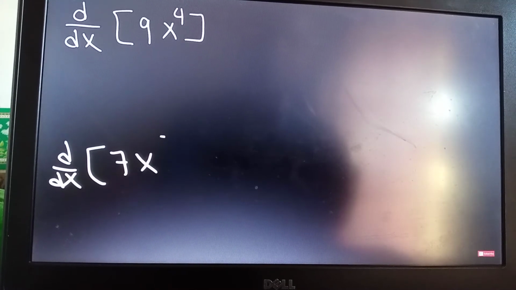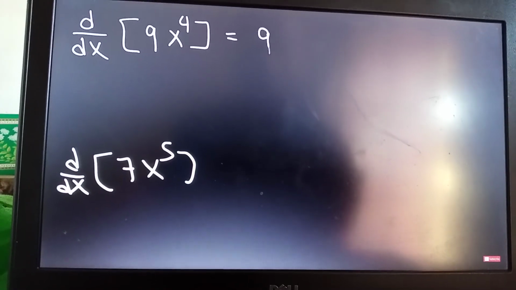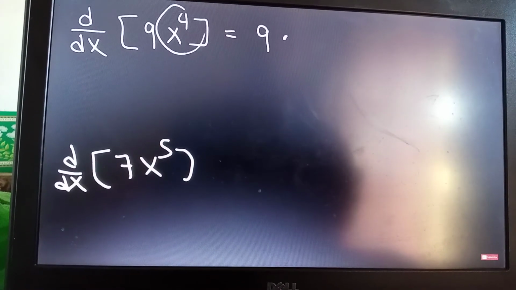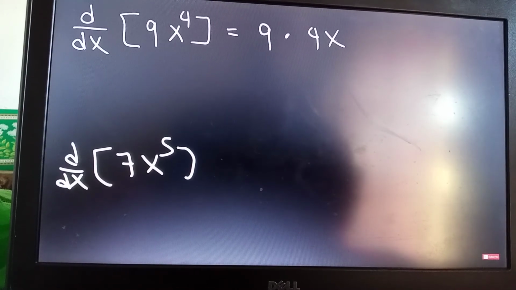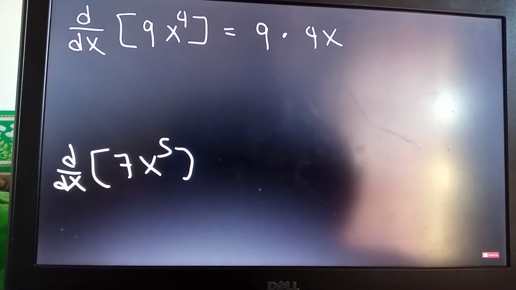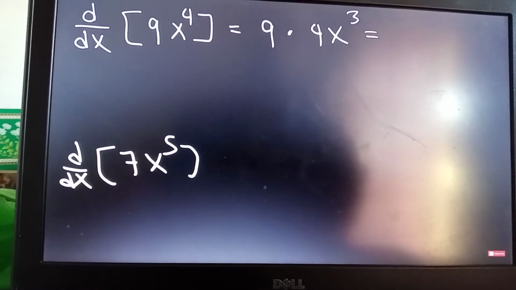Here's another one. Find the derivative of 9x to the 4th and also 7x to the 5th power. So this is going to be 9 times the derivative of x to the 4th, which is 4x raised to the 4 minus 1, or 4x cubed. And then you just got to multiply 9 times 4.